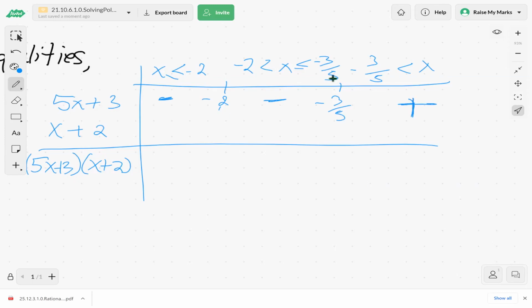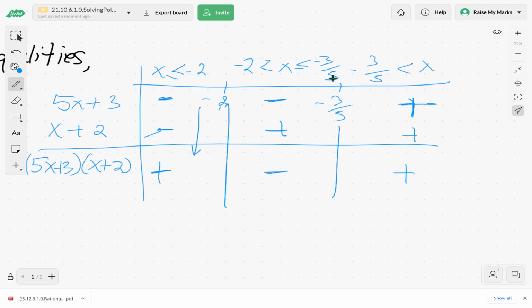And then for x plus 2, we have negative, positive, and positive. Now let's look at our product, 5x plus 3 times x plus 2. Looking down the columns, the product of two negatives is a positive. The product of a negative and a positive is a negative. The product of two positives is a positive.